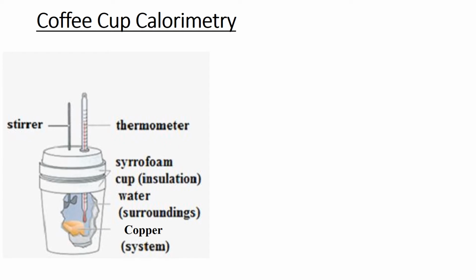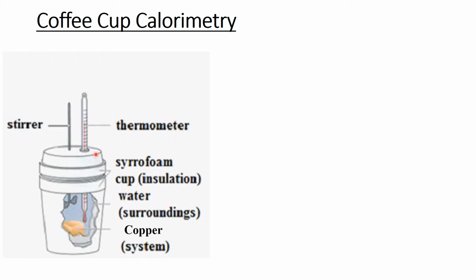It's called coffee cup calorimetry. If we modify the way we do this experiment, we can make this calculation a lot simpler. So, instead of putting my water in a glass container, what if I put it in a very thick styrofoam cup? And then I put that very thick styrofoam cup in another very thick styrofoam cup.